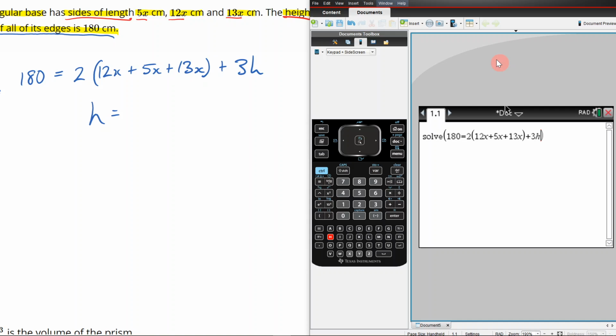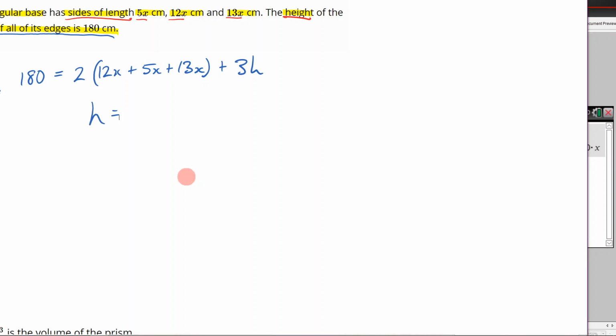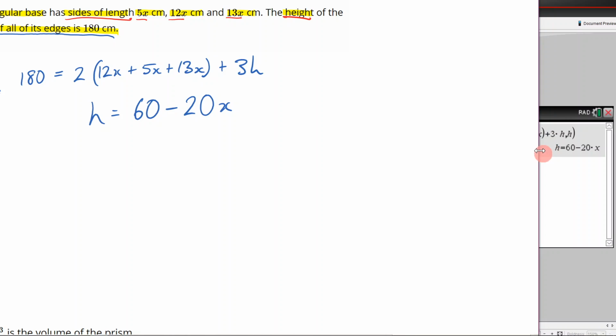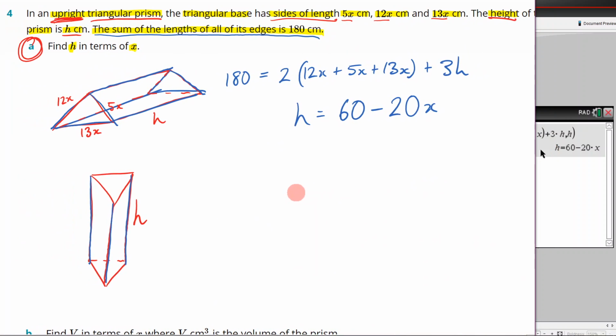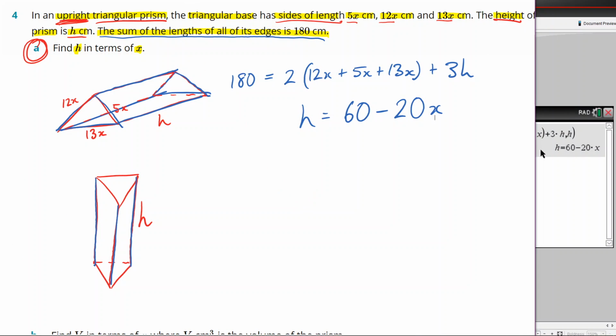Now I want to solve this for h, so I go comma h, and that's what my answer is going to be: 60 minus 20x. So let me write that in, 60 minus 20x. Okay, that is part A done. So let's put a box around our answer there. That's how you would do it, just like that.